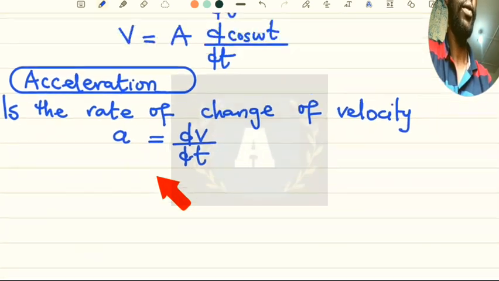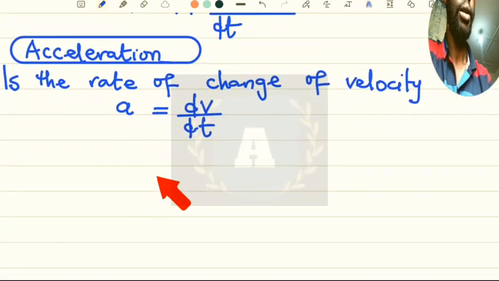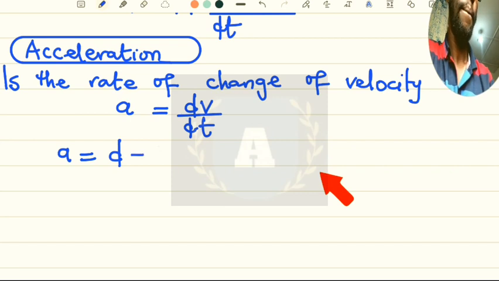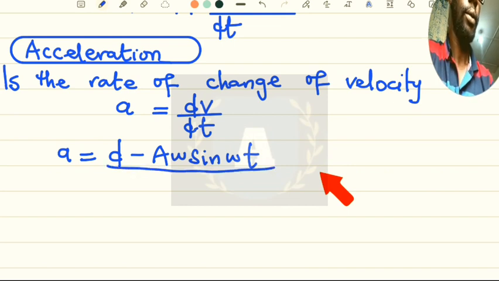We learned that velocity is equal to minus a omega sine omega t, so we substitute the value for velocity: d of minus a omega sine omega t, all over dt.